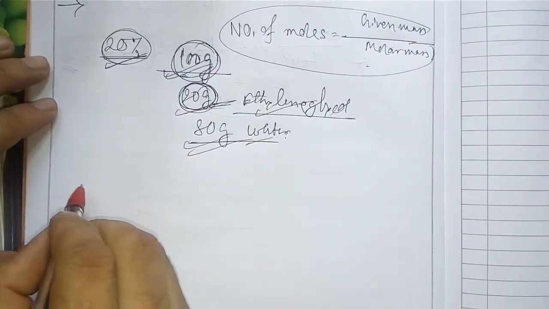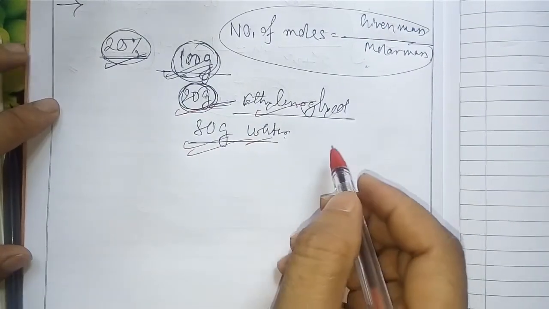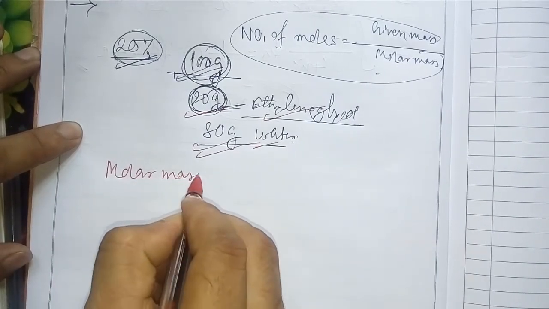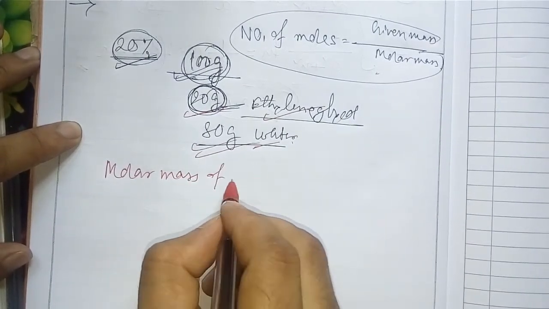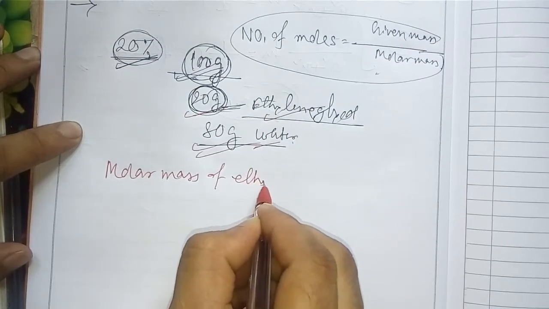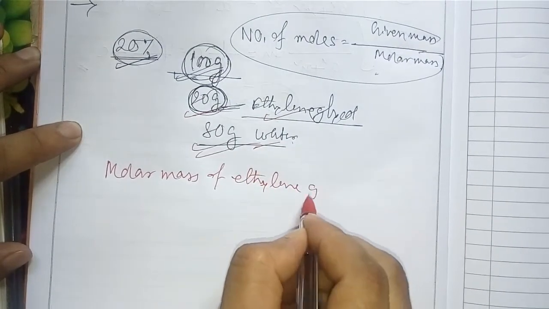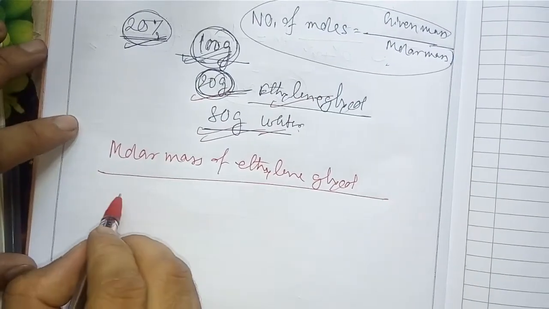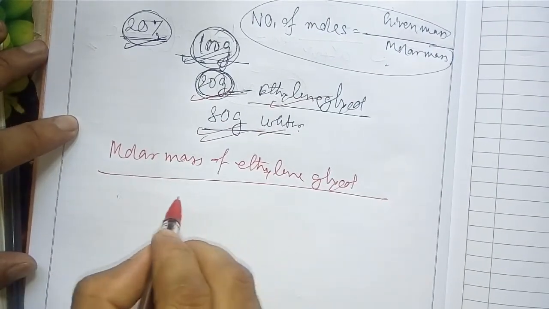What is the molar mass of ethylene glycol? The formula is C2H6O2. How to find the molar mass?